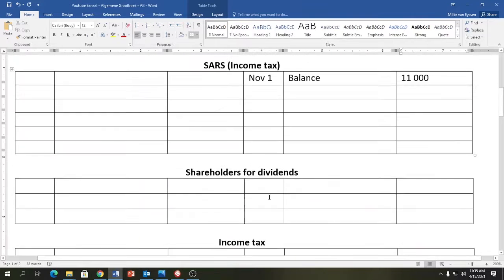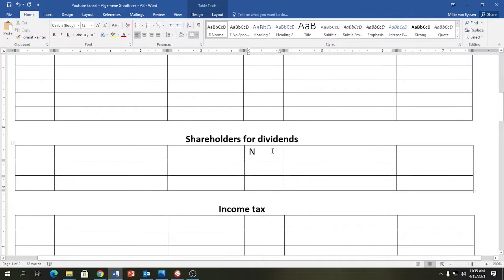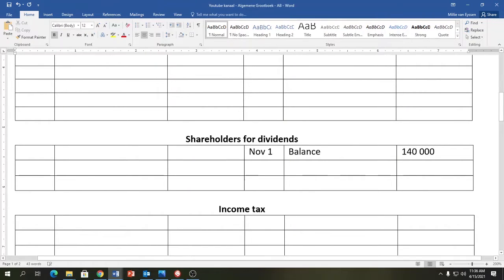Okay. And then I've got shareholders for dividends. That happens on the 1st. Balance 140,000. Shareholders for dividends is a liability. So I owe money to the shareholders. What money am I owing?